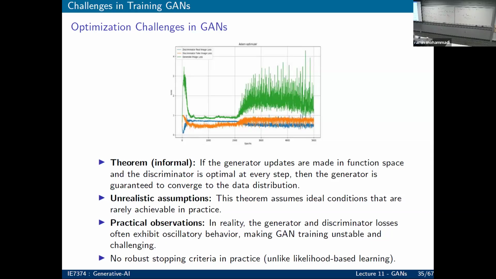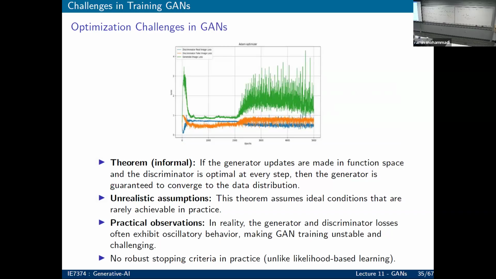That's really optimistic; it doesn't happen. It's an unrealistic assumption. There are some practical observations that we have seen that you need to take into account in order to make GANs actually perform nicely.